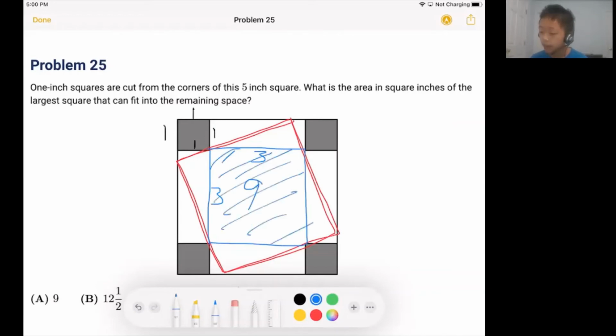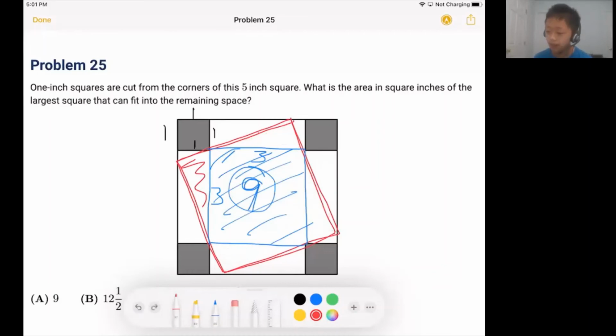To find the area of the red square, we only have to find the sum of the areas of these 4 red triangles. By symmetry, once we find the area of one of these red triangles, we can multiply by 4.